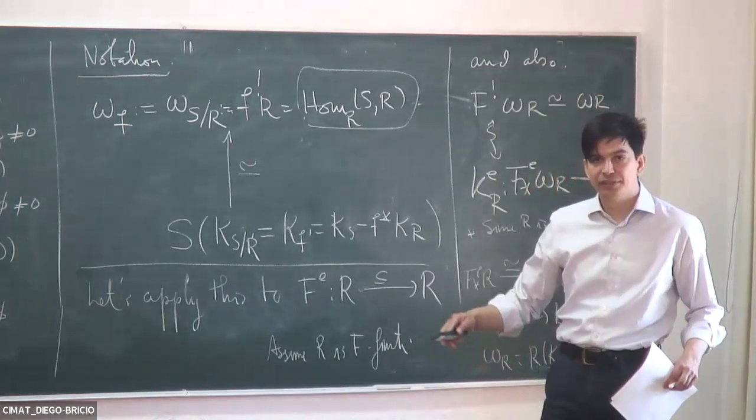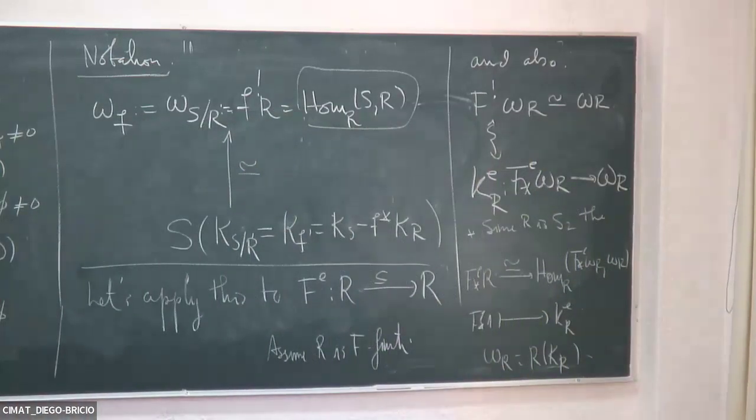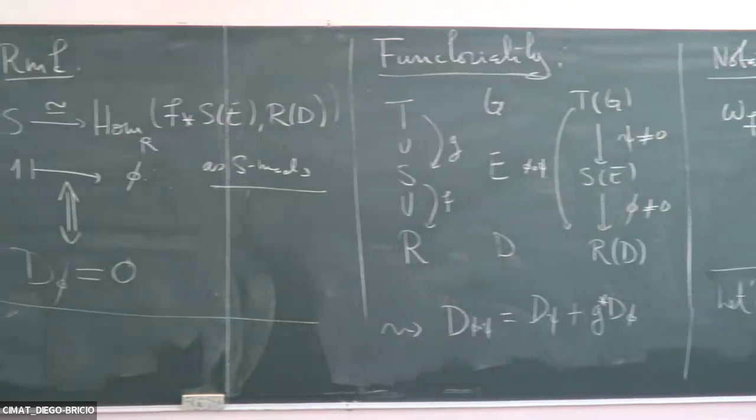So the first thing is to compute the relative canonical of Frobenius. Let's see what it is.